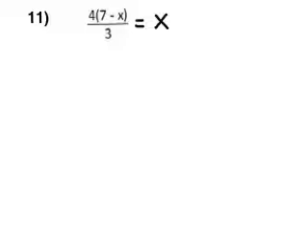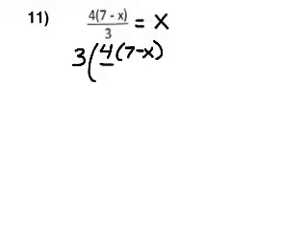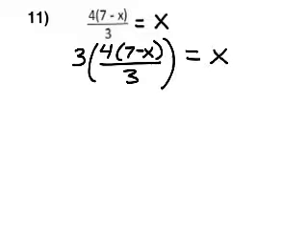Again, you can think of this as eliminating fractions too. But to do that, we would just multiply both sides by 3. In this case, this is a lot easier. I'll rewrite this one. You have more room. 3 times 4, 7 minus x over 3, and that equals x. Okay, so change this to 3 over 1.